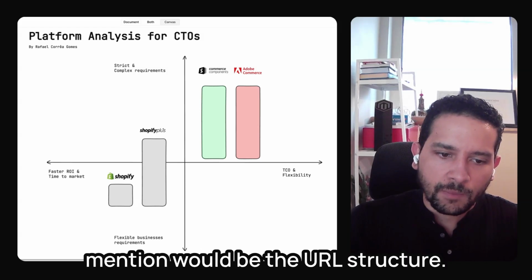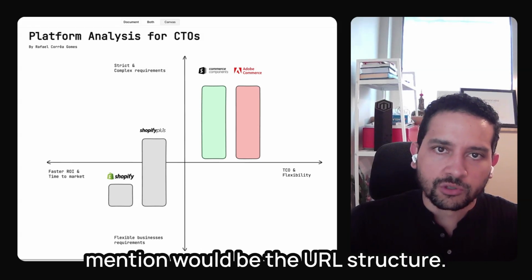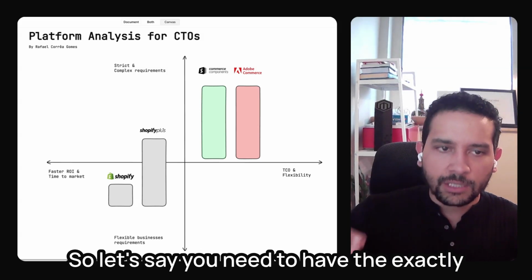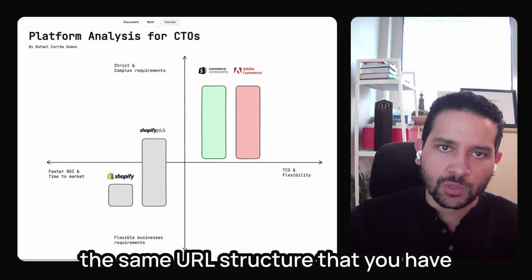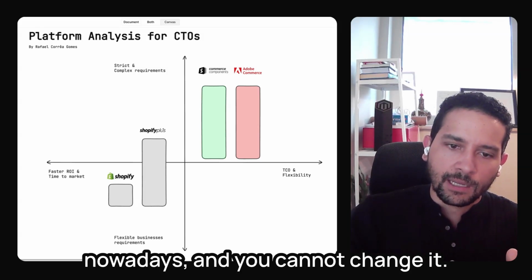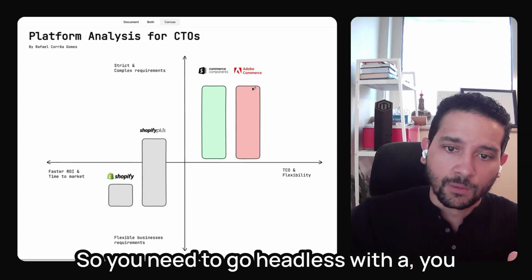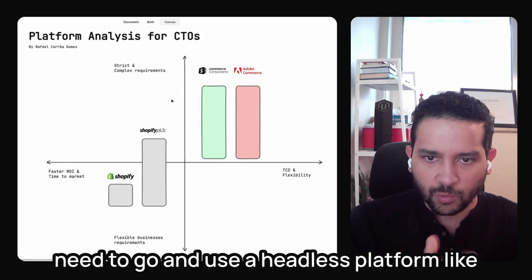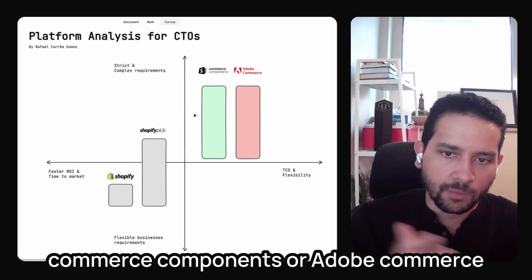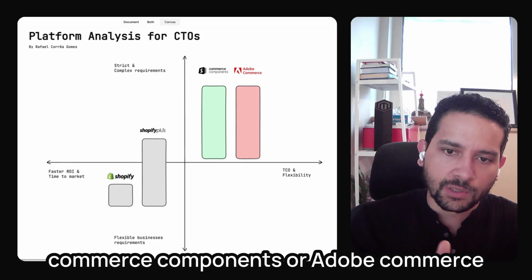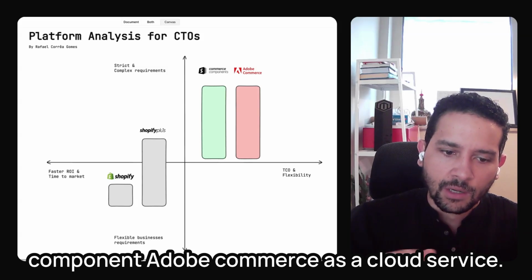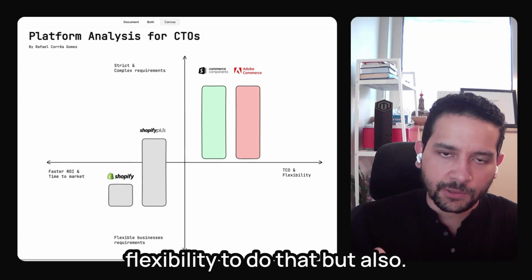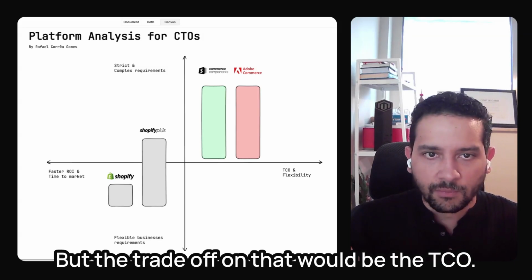Another thing that I would mention would be the URL structure. Let's say you need to have exactly the same URL structure that you have nowadays, and you cannot change it. So you need to go headless and use a headless platform like Commerce Components or Adobe Commerce as a cloud service. Why? Because you have more flexibility to do that. But the trade-off would be the TCO.